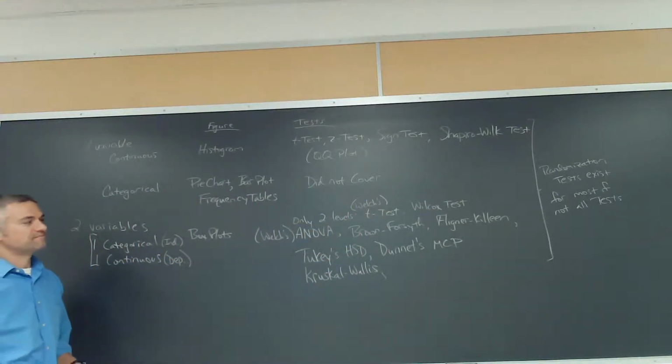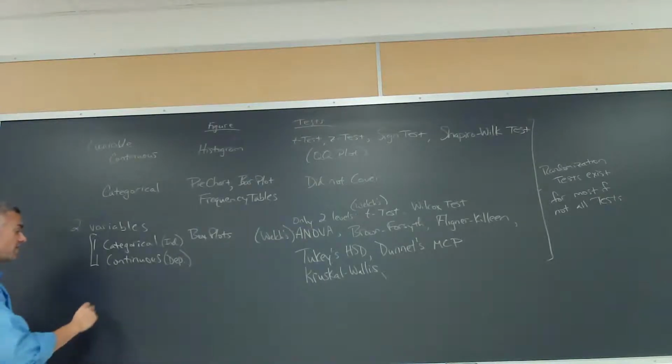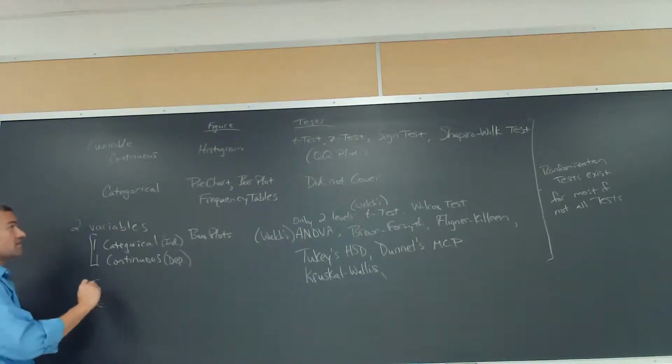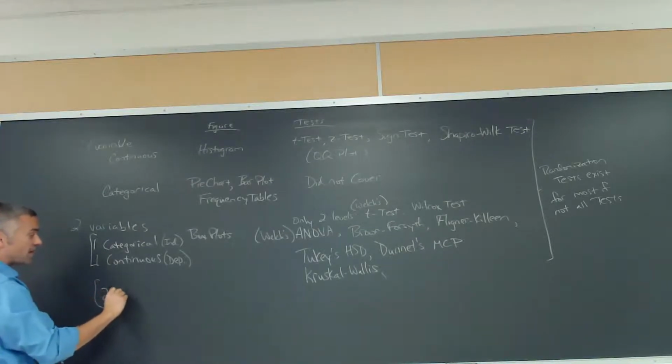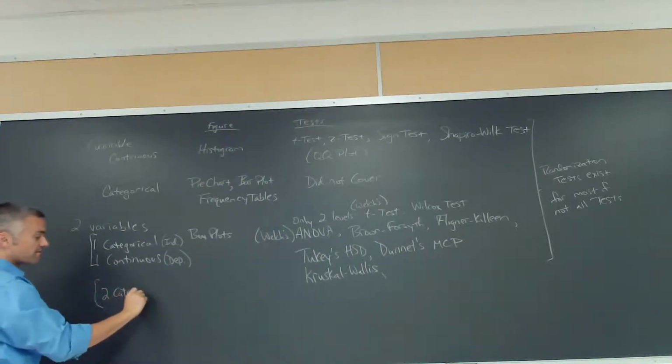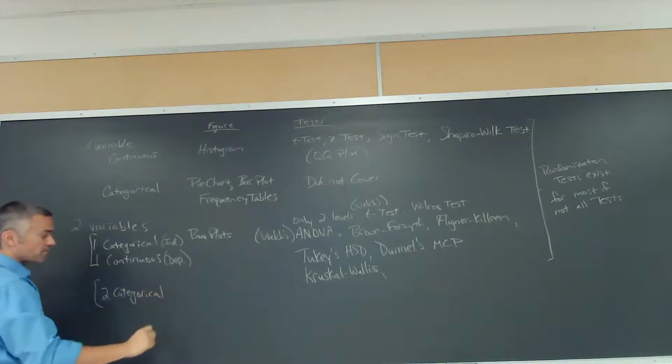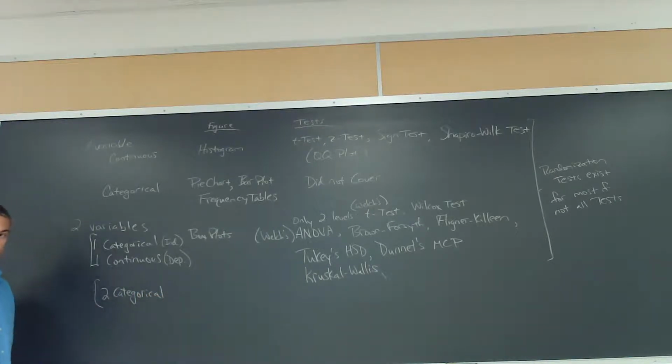All right. So this is kind of what we broke down. Now, what we would have done, since we would have moved to categorical, is talk about 2 categorical variables. Normally it's the case where we don't have one independent and one dependent variable, but both are kind of like independent variables.